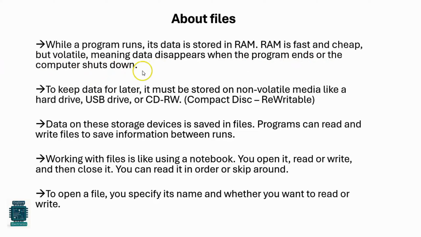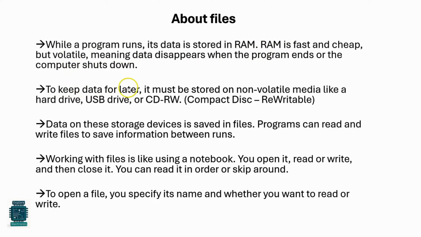For example, if I am writing something on WordPad, whenever the power cuts or the computer shuts down, the data disappears automatically. That's why it is called volatile, which is temporary storage.